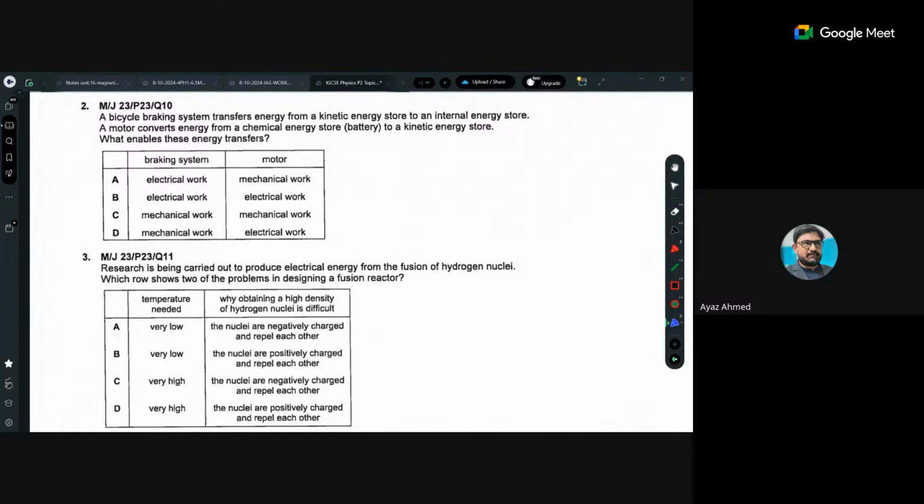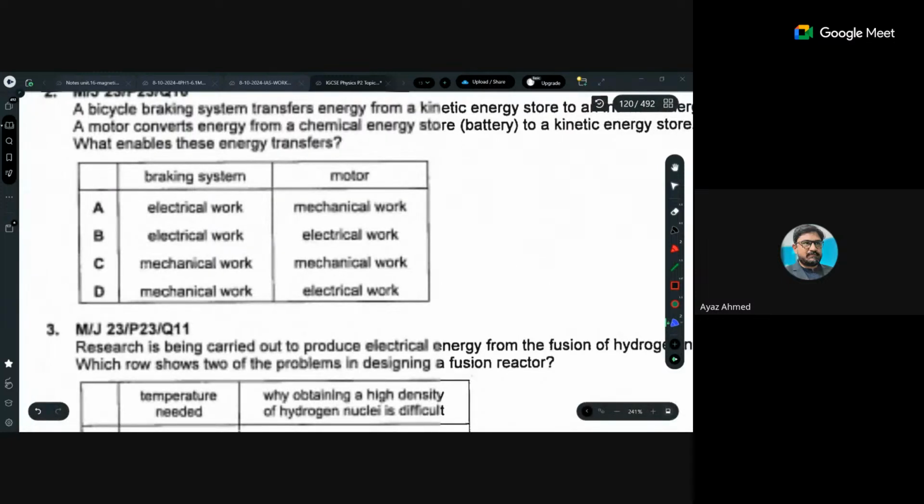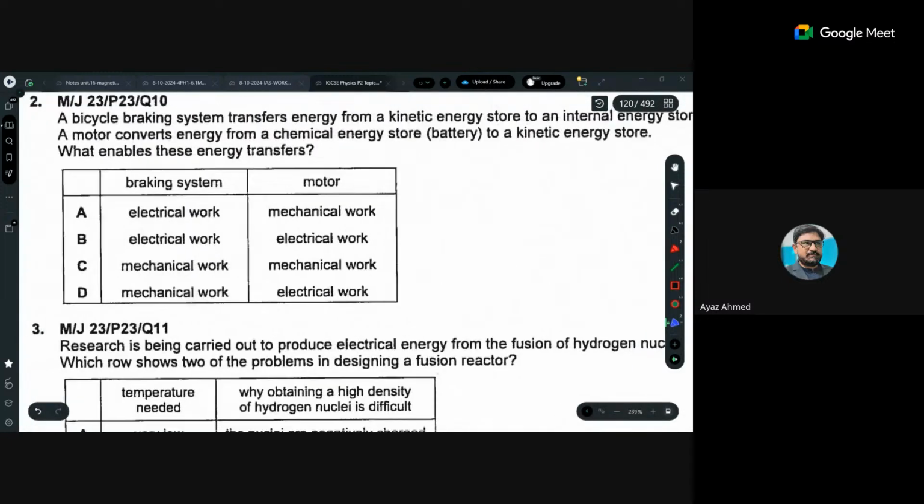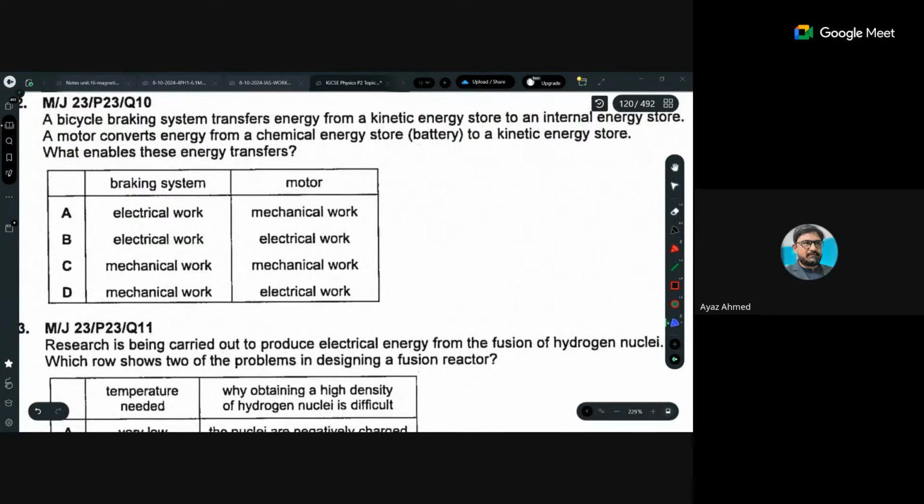A bicycle braking system transfers energy from kinetic energy stored in the bike to internal energy. The motor converts chemical energy stored in the battery to kinetic energy. What enables these energy transfers?